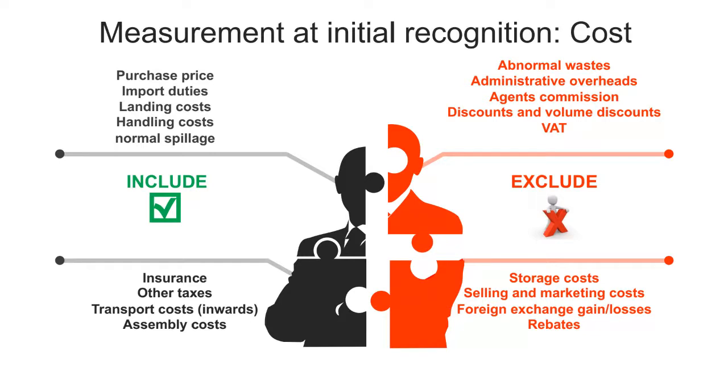Oh, I forgot to tell you about the key principle. Write this down somewhere. This is the key principle for the rest of the lectures on costs. The key principle is we want to include costs. Include means we add. We want to include costs that bring the inventory to a sellable state.